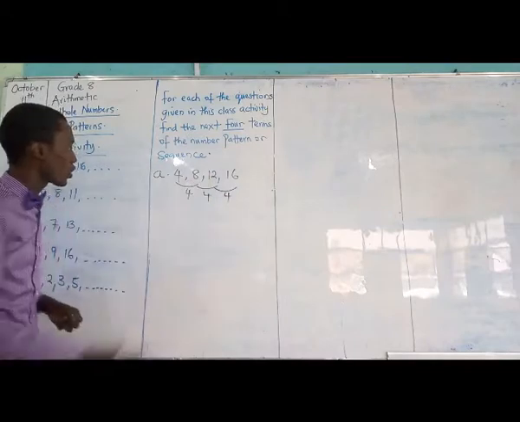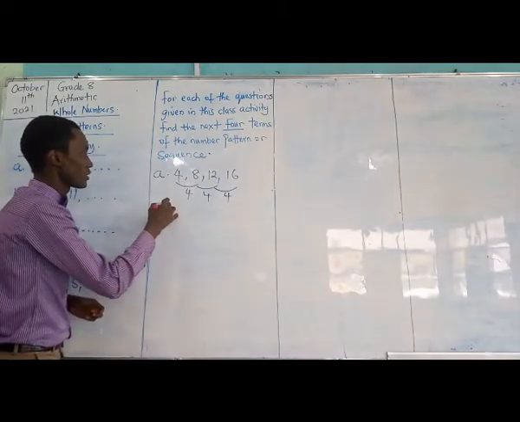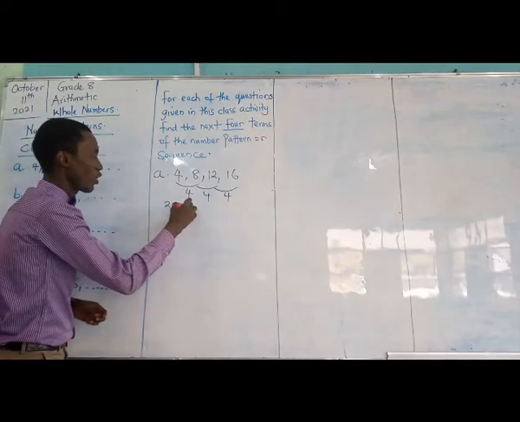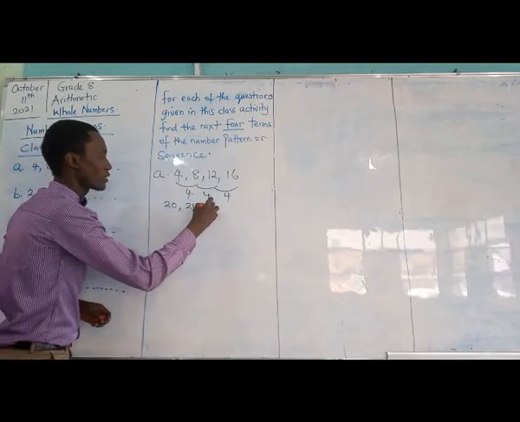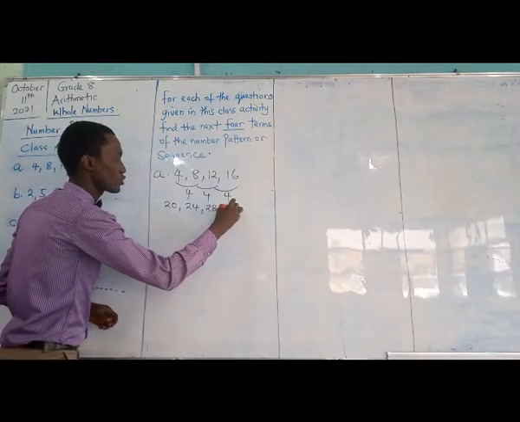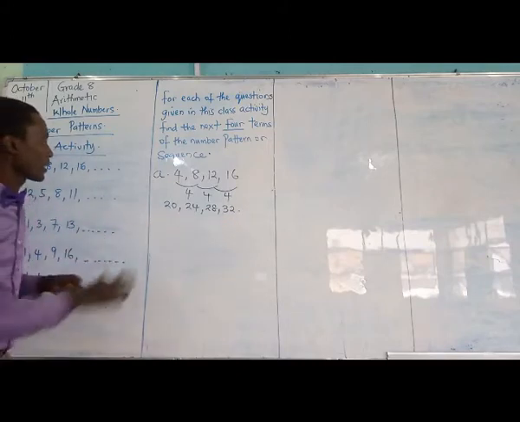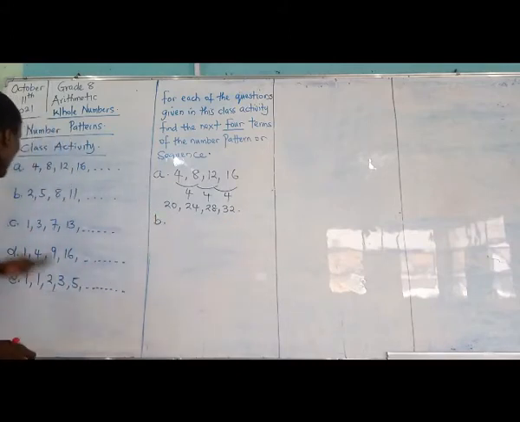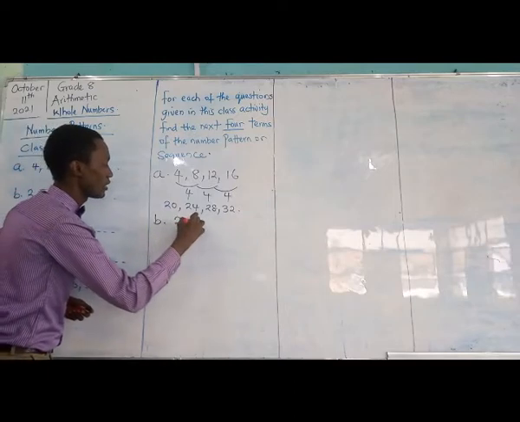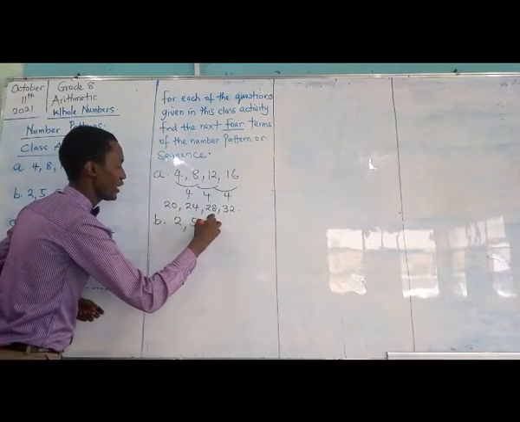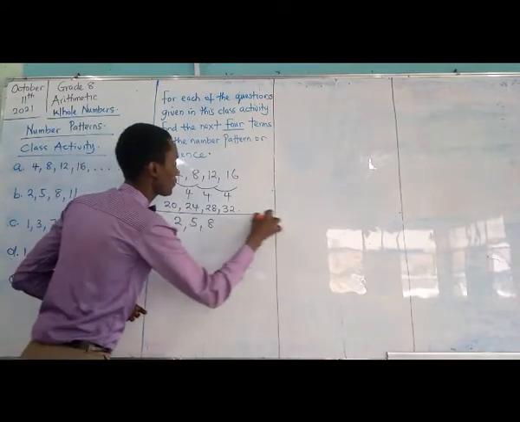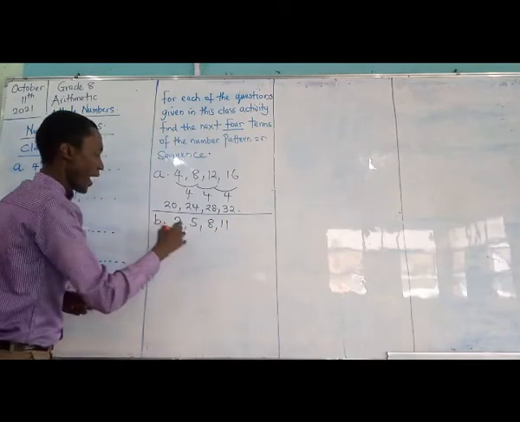Is that not? Yes. So the next number will be what? 20. The next will be what? 24. The next will be what? 28. And the next will be 32. So that settles that. Now let's go to B. In B, I have 2, 5, 8. Let's pull this off. Okay, 11. Now, I put a bar.